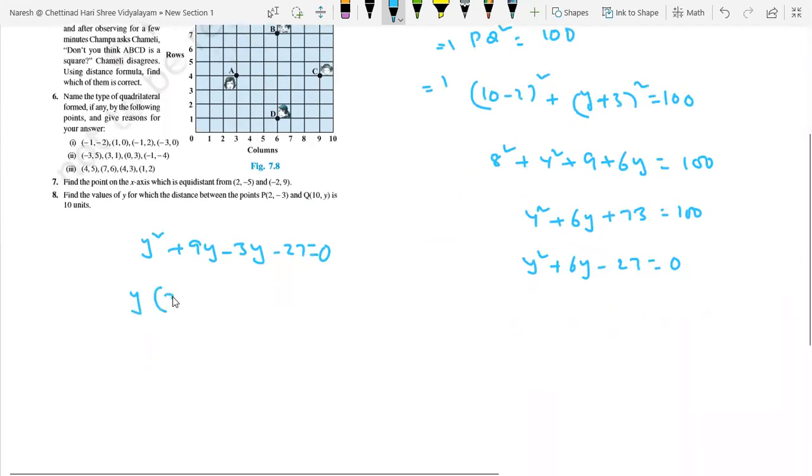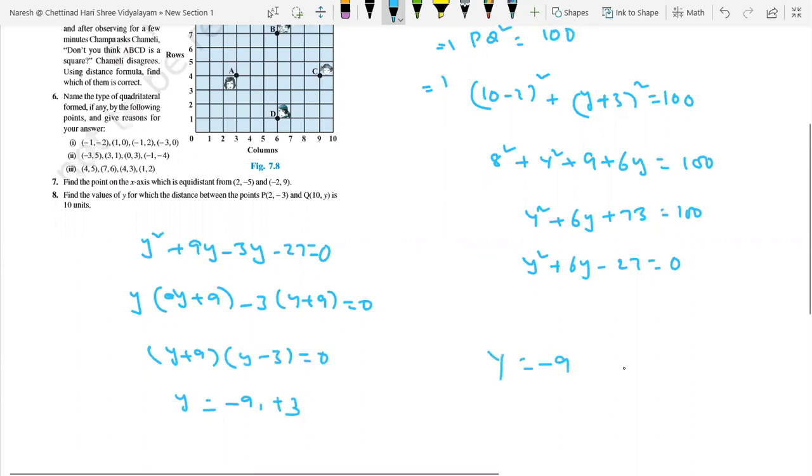Taking y common, y into (y plus 9) minus 3 into (y plus 9) is equal to 0. So (y plus 9)(y minus 3) is equal to 0. So y is equal to minus 9 or plus 3.